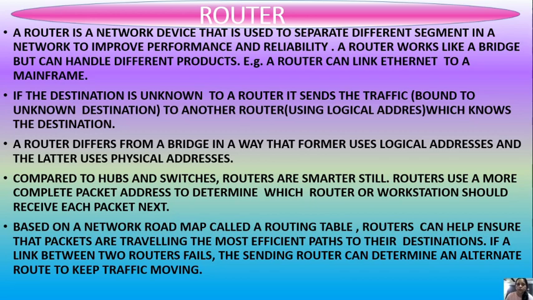Now some more points. First point: a router is a network device that is used to separate different segments in a network to improve performance and reliability. A router works like a bridge but can handle different products. For example, a router can link Ethernet to a mainframe.